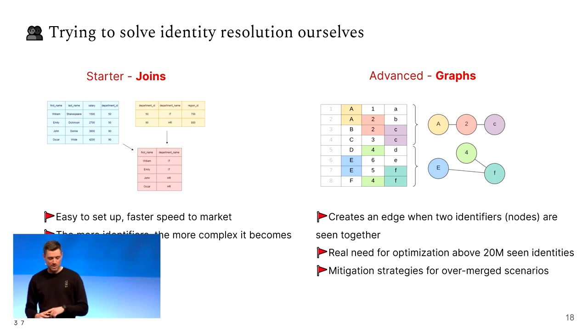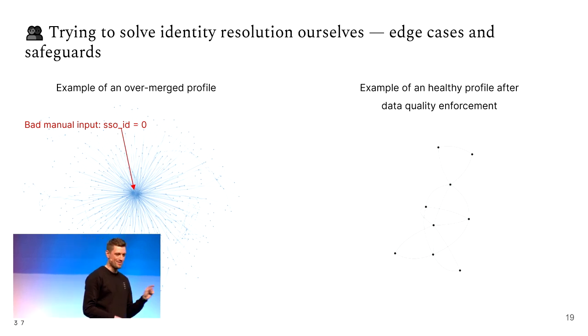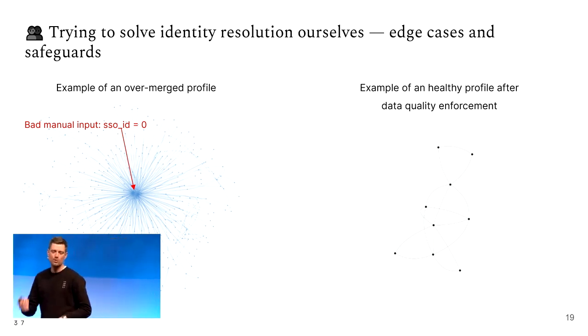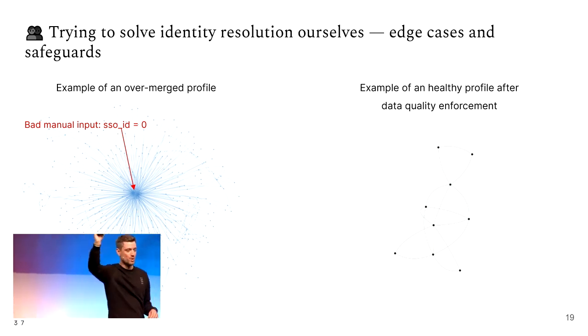And then last but not least, mitigation strategies for over-merging. When you go through graphs, you basically keep racking up identities, right? And this is an actual screenshot of an identity resolution solution that we've built for a client. On the left-hand side, you see an identity cluster. I don't know how many identities there are there, but it's a lot, right? And what you see is that they're all being merged by this thing called SSO ID 0.